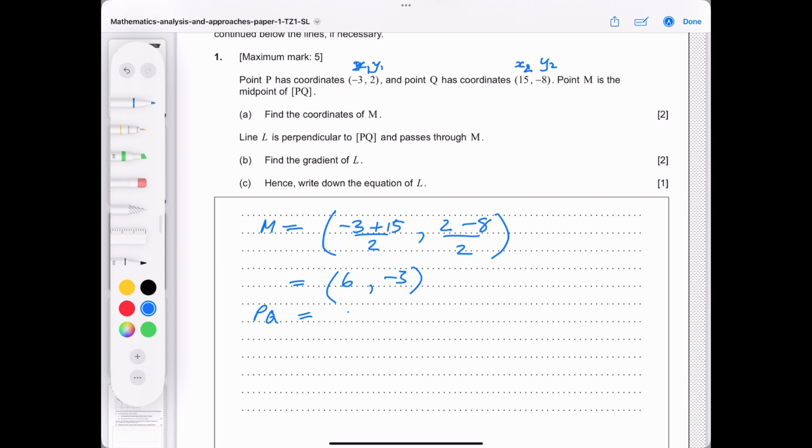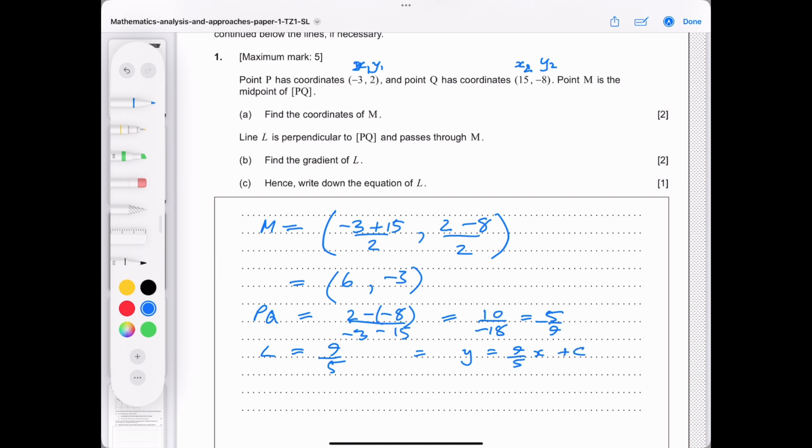So we'll make that 2 minus -8 over -3 minus 15, which equals 10 over -18, which equals -5 over 9. So the negative reciprocal means L's gradient equals 9 over 5. And we could even write it as y equals 9 over 5 x plus c.